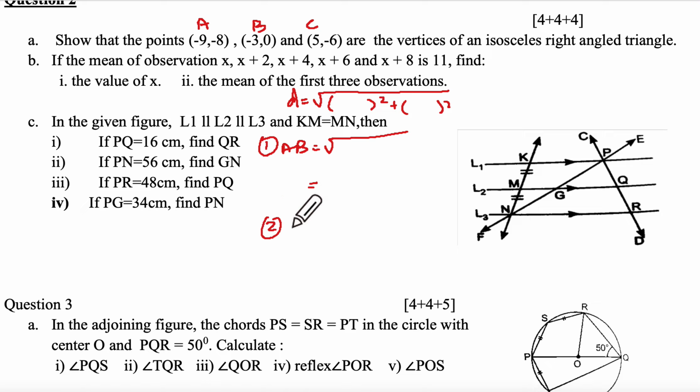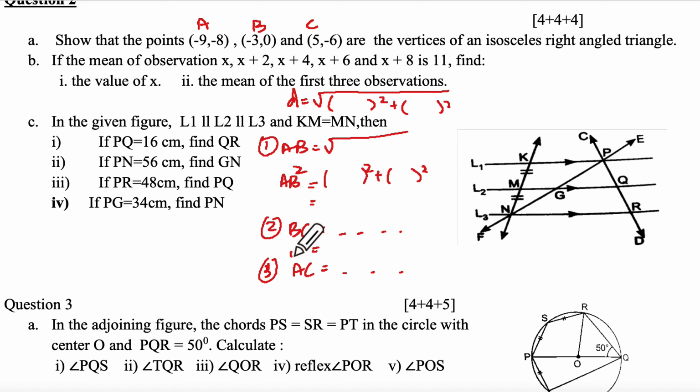Then second statement will be what? BC equal to, correct? Then third one will be tell me AC equal to, correct? Now they are saying that isosceles right angle triangle. So instead of writing AB, we could take AB square equal to, without square root you will get these brackets, understanding.